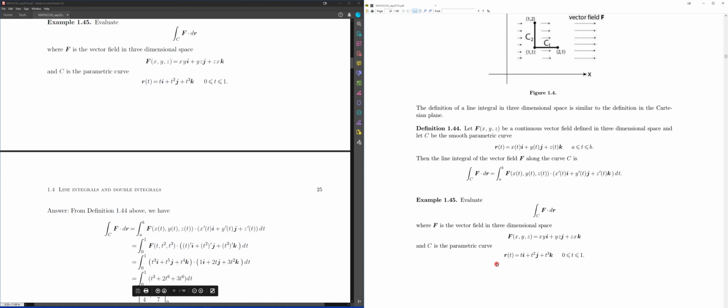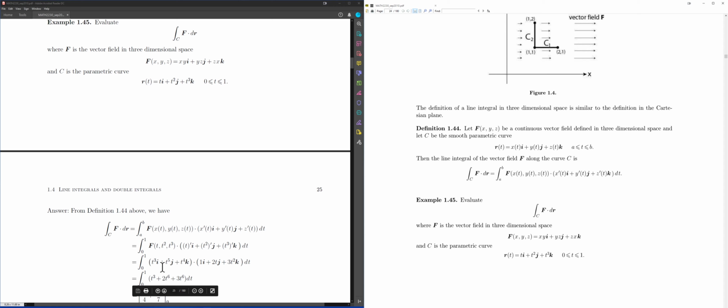So that is replacing the x and the y by the respective x of t and y of t over here. And likewise, this y over here and this z over here, you're going to replace by the y, which is t squared, and the z, which is t cubed. So you're going to get t squared times t cubed, which is t to the fifth.